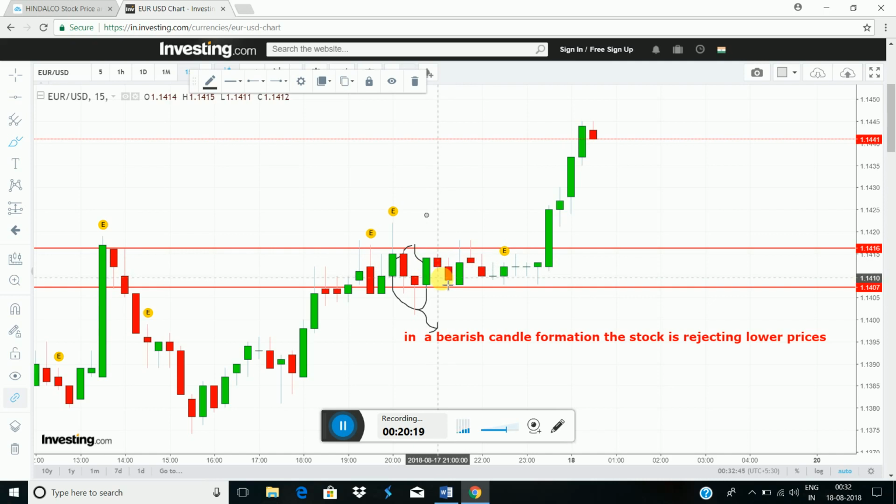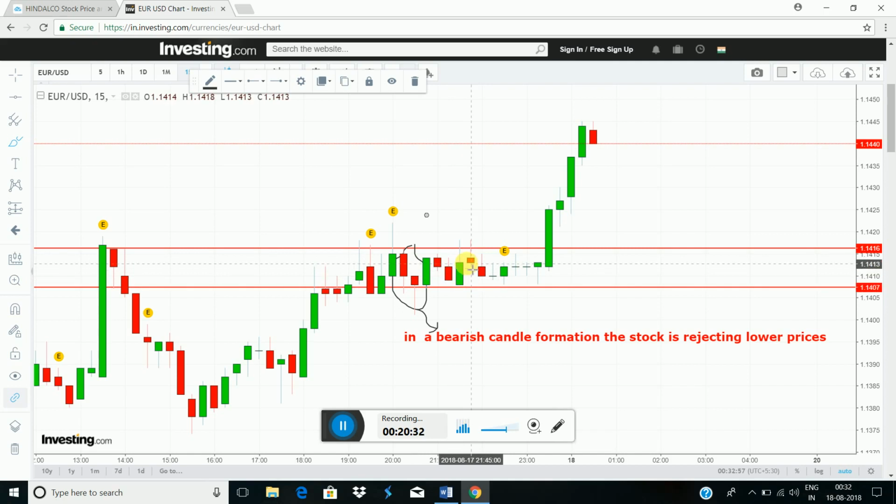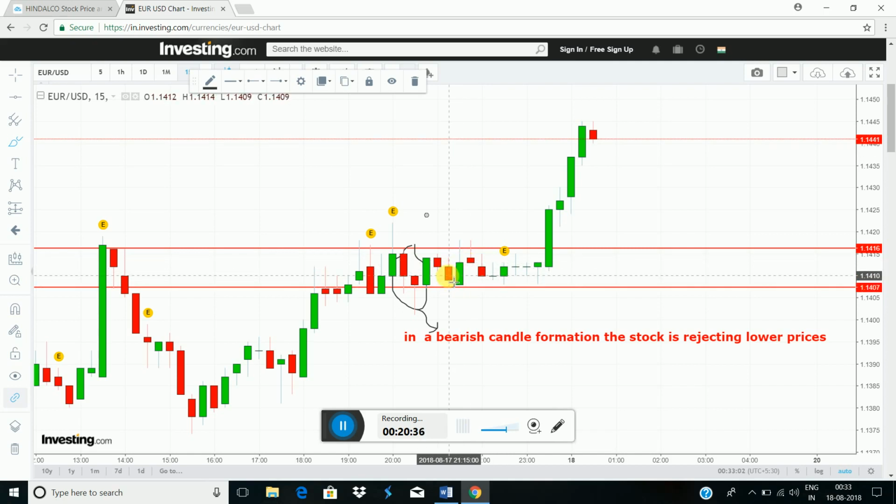That the strength of sellers is weak compared to the strength of buyers. And again you see this green candle is a bullish engulfing. This red candle, fine, again a very bullish confirmation of the strength of buyers.